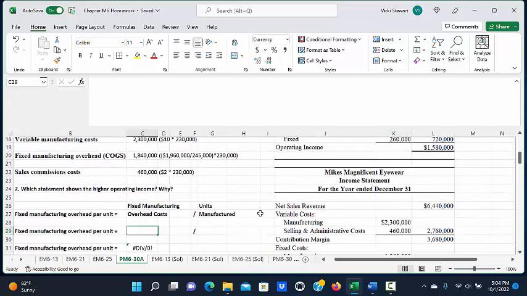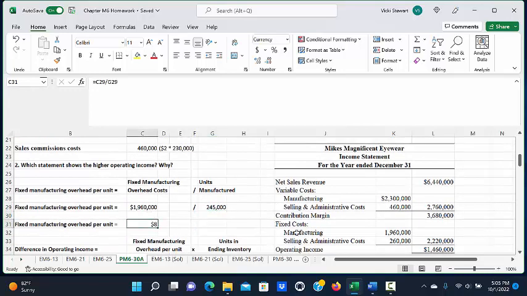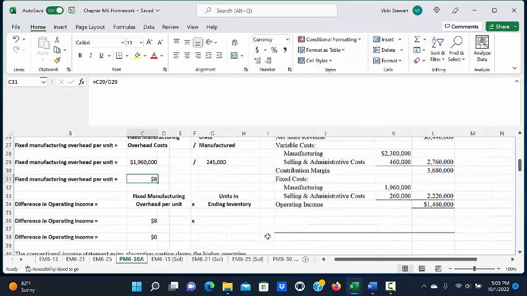So to calculate the fixed manufacturing overhead cost per unit, we take $1,960,000 and we divide that by the number of units that were manufactured, 245,000, and that gives us $8 of fixed manufacturing overhead cost per unit.